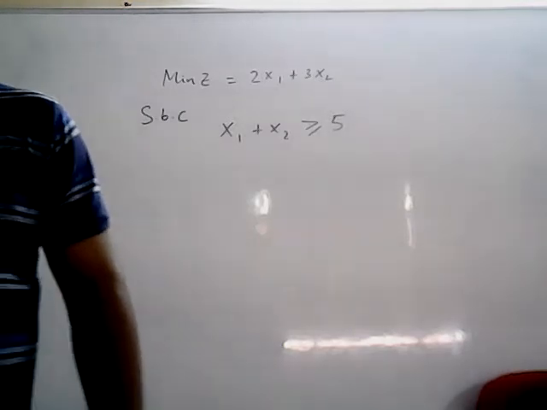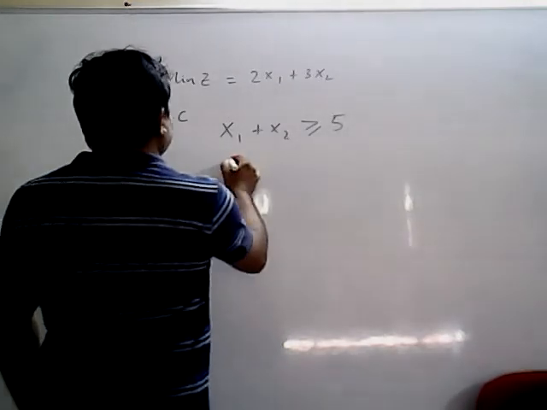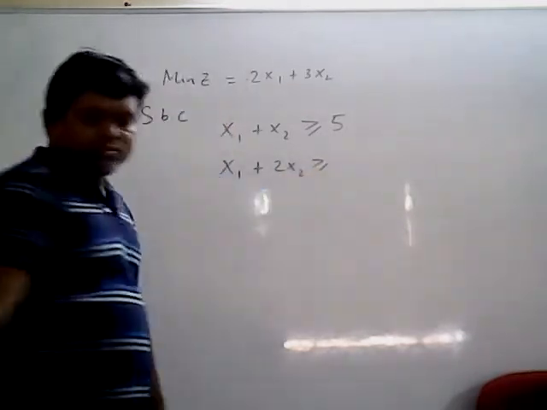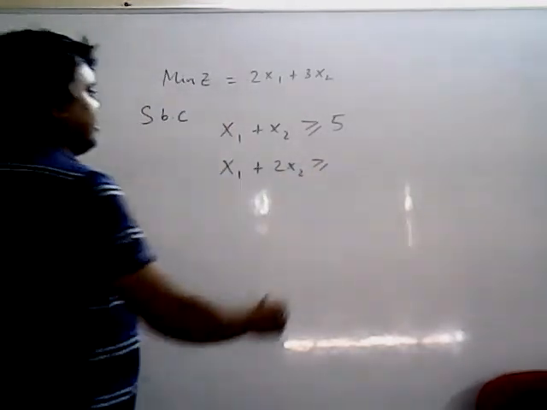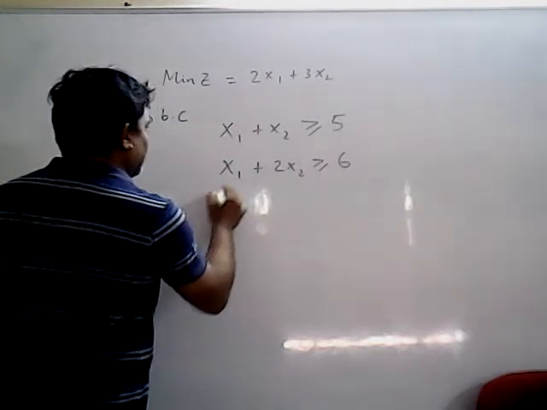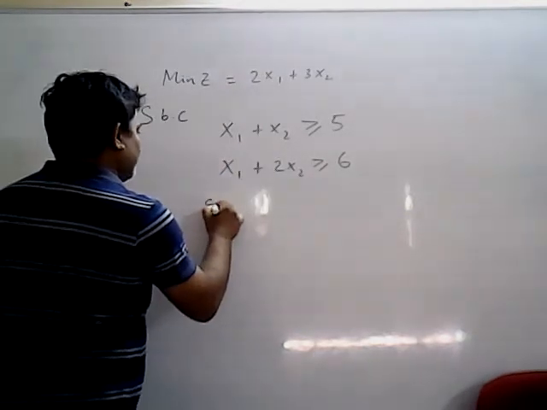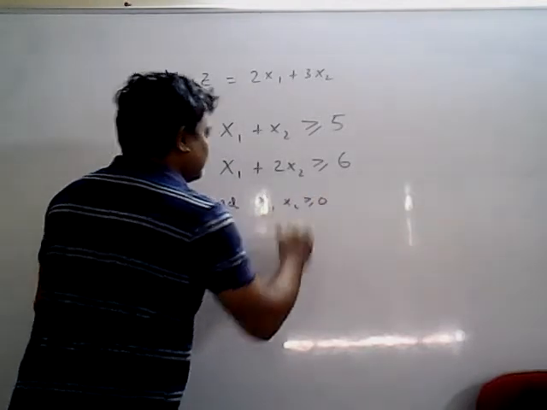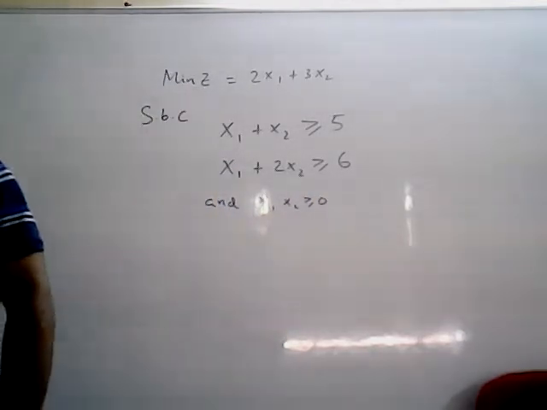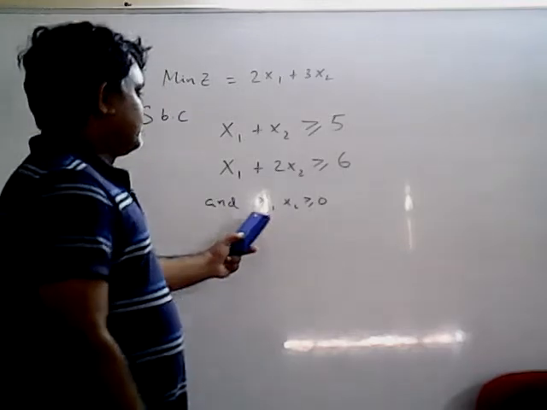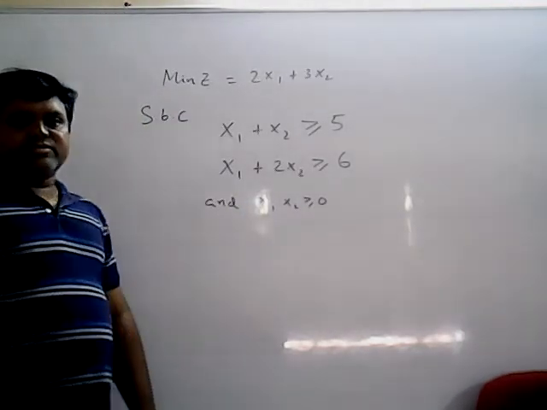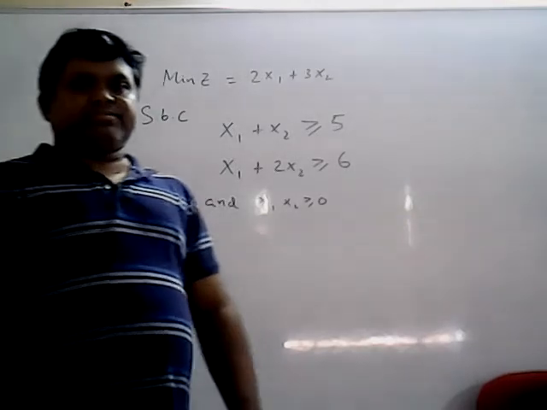Second constraint, x1 plus 2x2 is greater than or equal to 6. How many constraints are there? Two. And the decision variables: x1, x2 greater than or equal to 0.